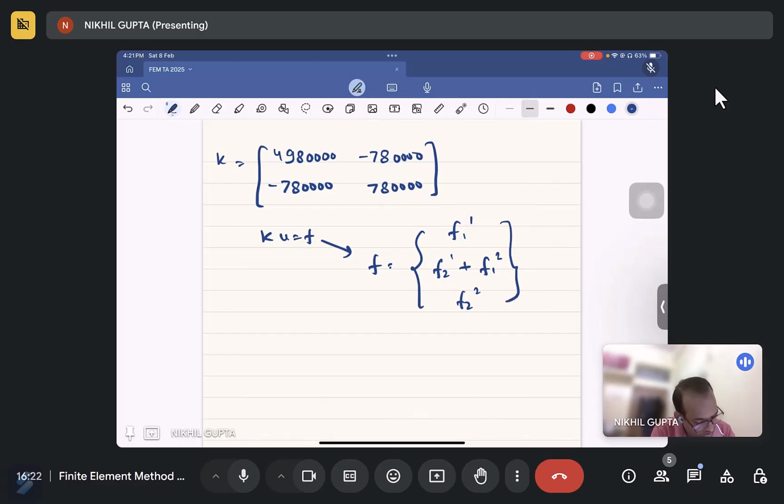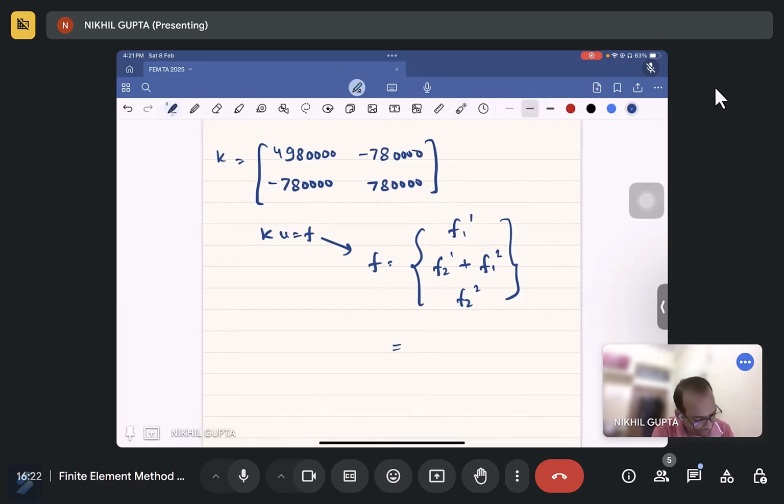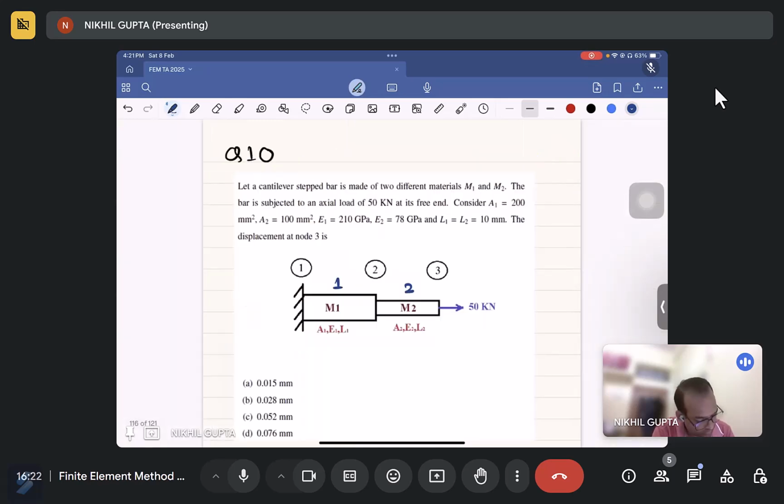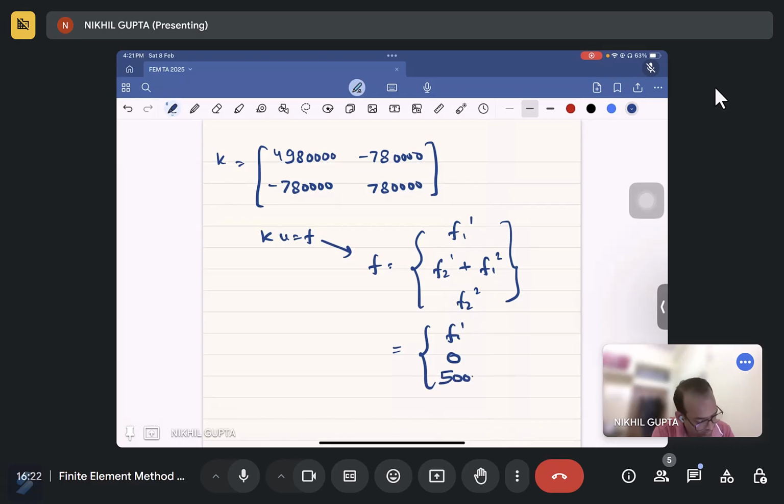Okay. Now this F1 dash is unknown. F2 dash is 0. This is 0. And this is known. So what you can write here is F1 dash, then 0, then the value, which is 50 kilonewtons. So we can write like this.